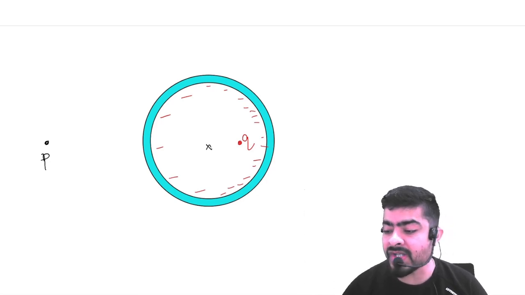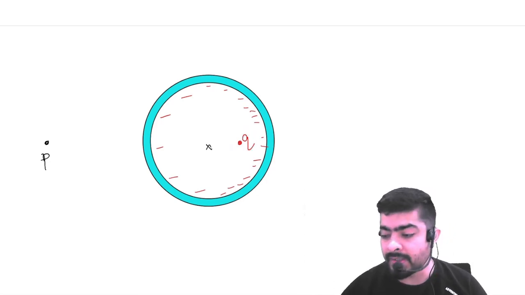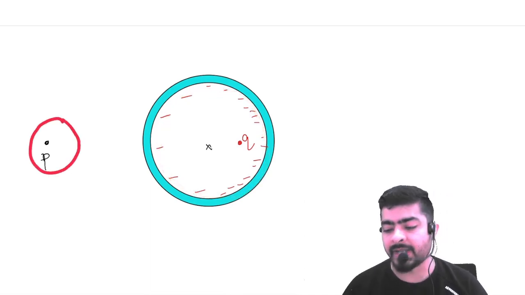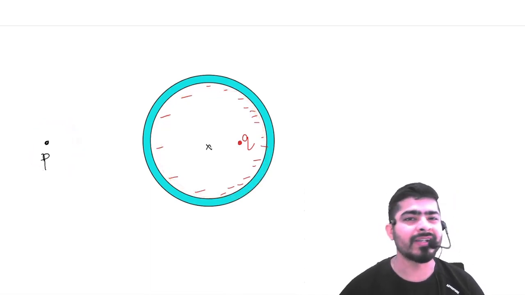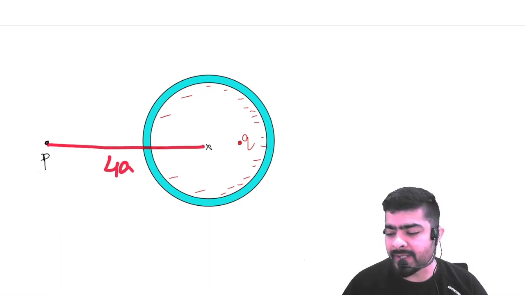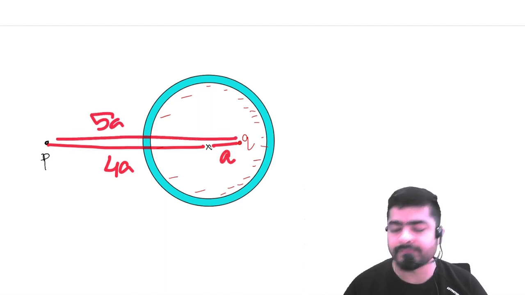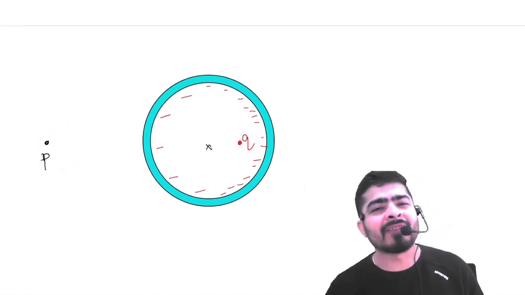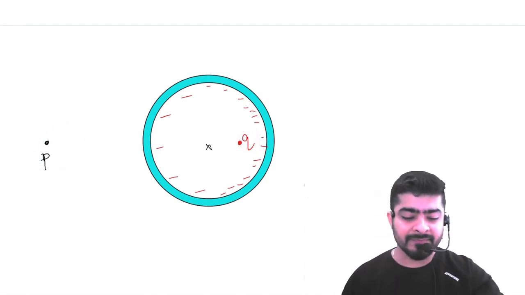Whatever this charge will try to do, the cavity surface will oppose its effect at point P. That's your hint. This distance is 4a, this distance is a. So total we are getting 5a. So find the potential due to Q at point P, then opposite of that will be the potential of cavity.